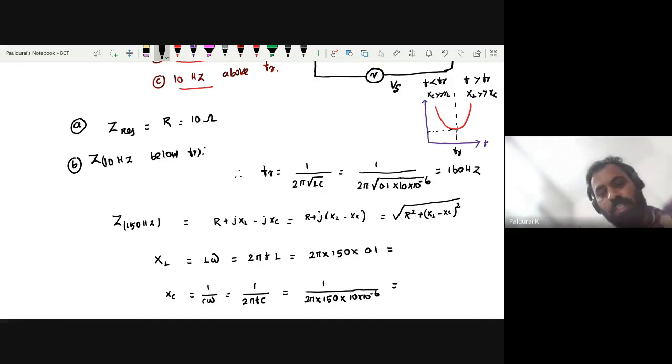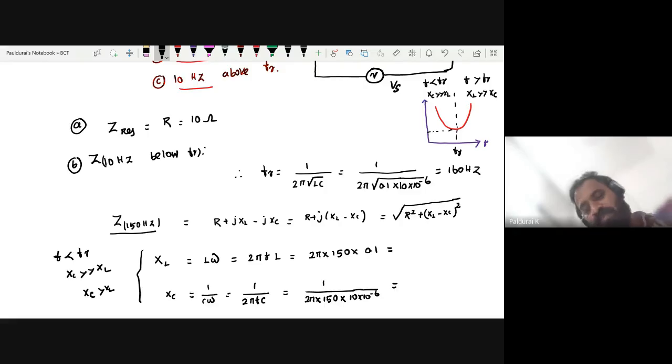As per the concept, when frequency is less than resonant frequency, XC should be very much greater than XL, or at least XC is greater than XL. Please verify whether this property is satisfied or not. With the help of numerical values you can understand this, and that's why I have chosen this problem.